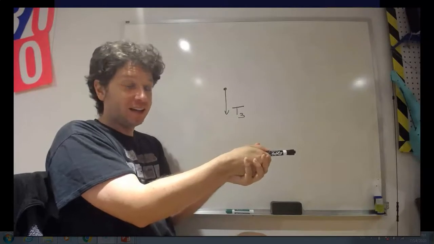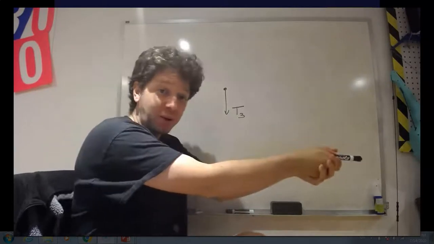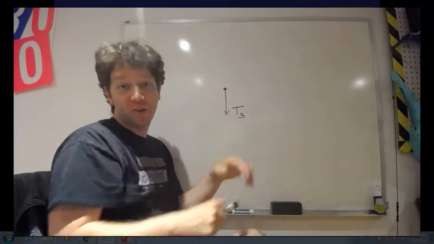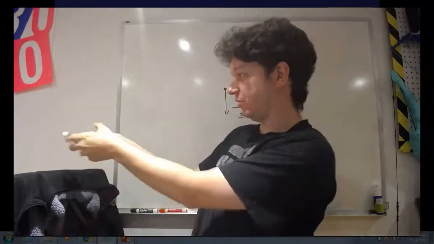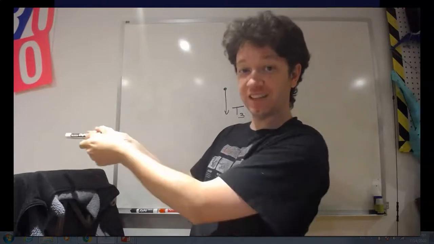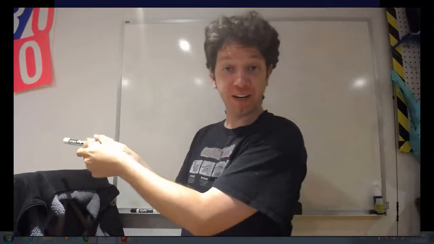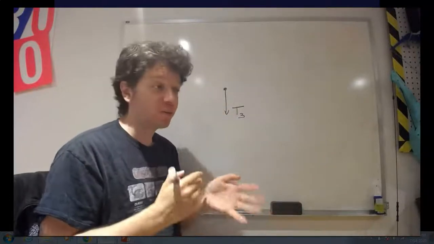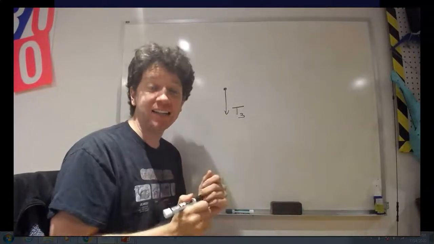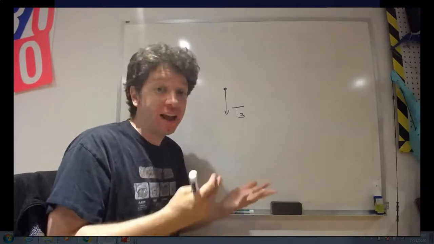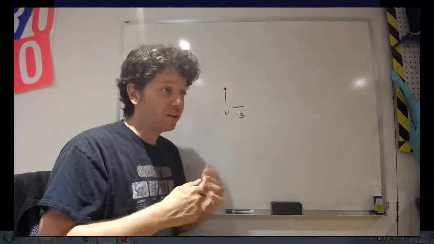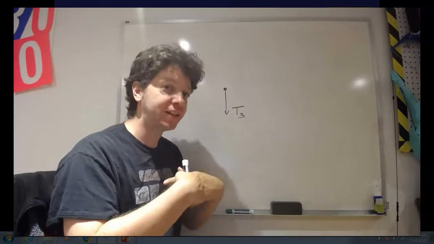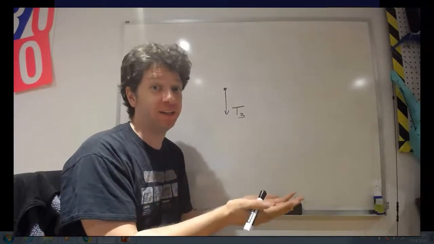Now if I'm being pulled this way, I feel like the tension is in this direction, but the other person over here feels like the tension is in the opposite direction, and it is, right? Remember, for a free body diagram, we're only drawing the forces acting on that object. Well, if we have a tug of war, the direction of the force acting on team A is going to be the opposite to the direction of the force acting on team B.